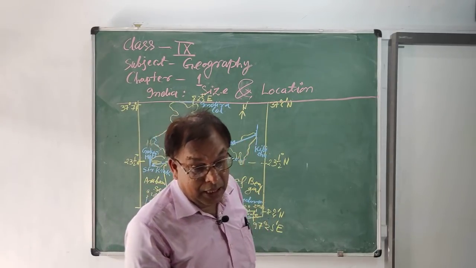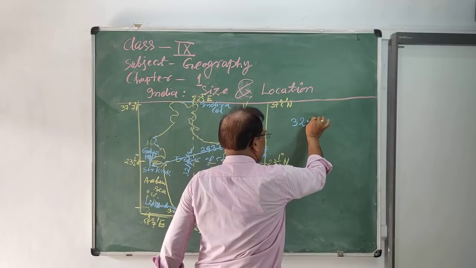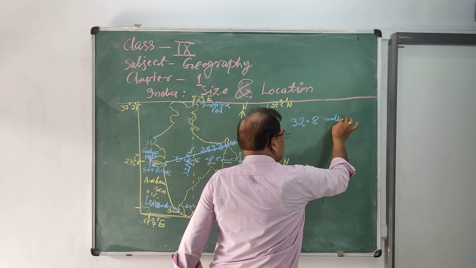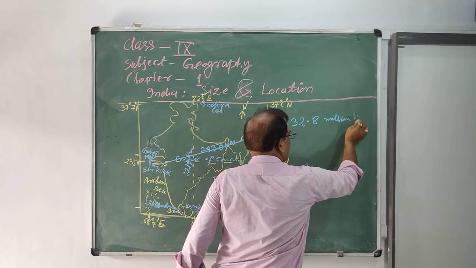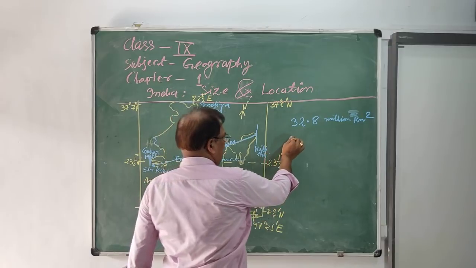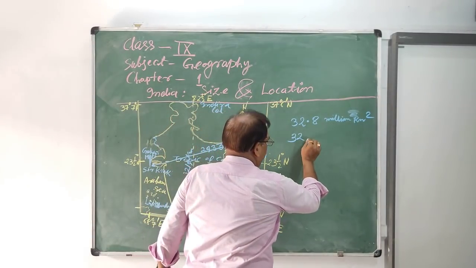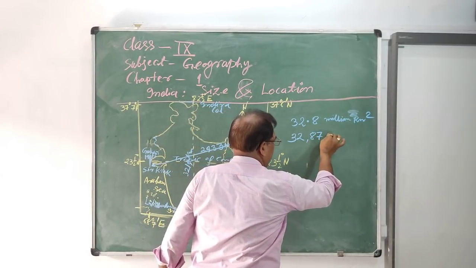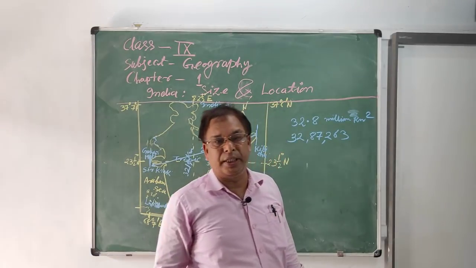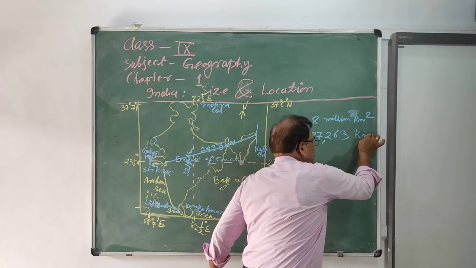But the area of India is 3.28 million square kilometers, or you can say the accurate area of India is 32,87,263 square kilometers.